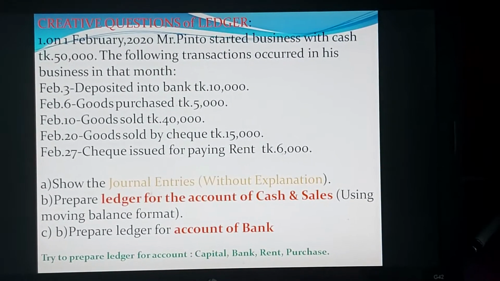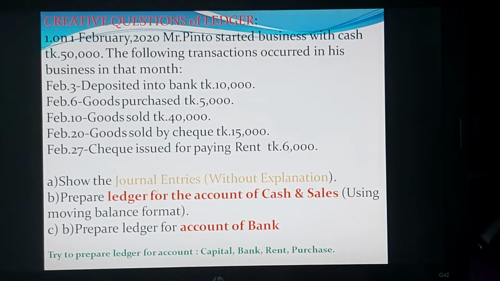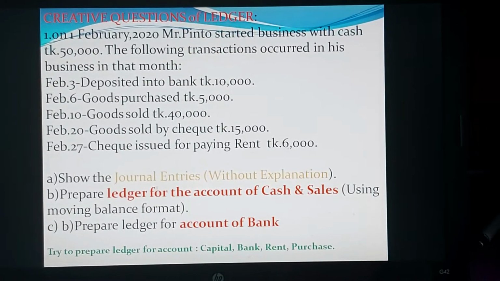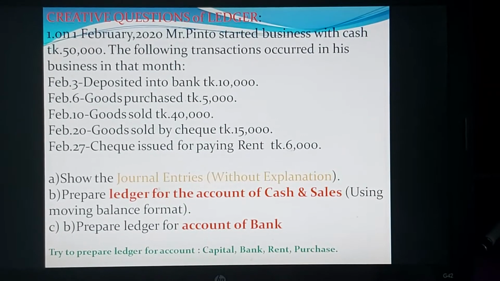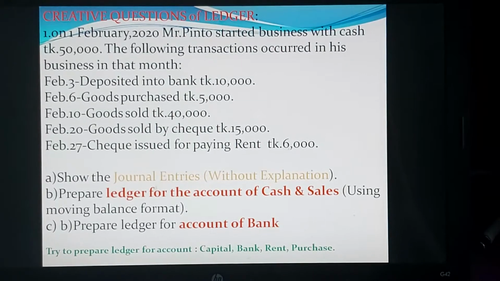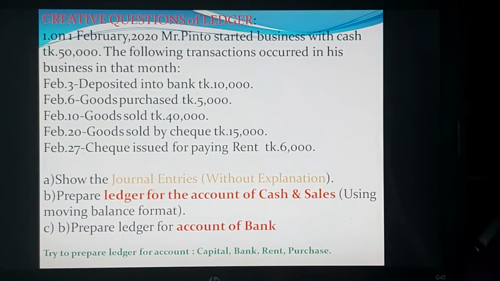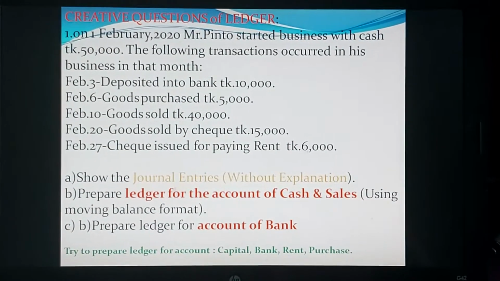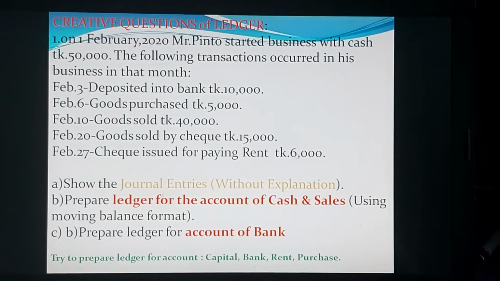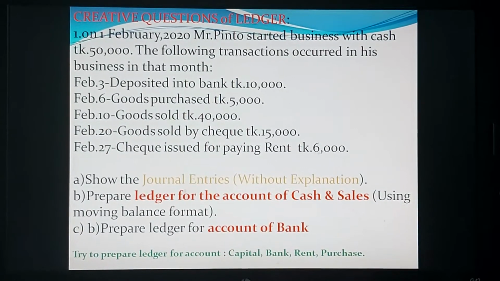But how it occurred, in cash or by check or on credit, there is no information. Always this type of transaction is taken as occurred in cash. So goods purchased. In this transaction, two accounts are involved. Purchase account, another one cash account. So you have to write for this transaction, purchase account debit for taka 5,000 and cash account credit for taka 5,000.